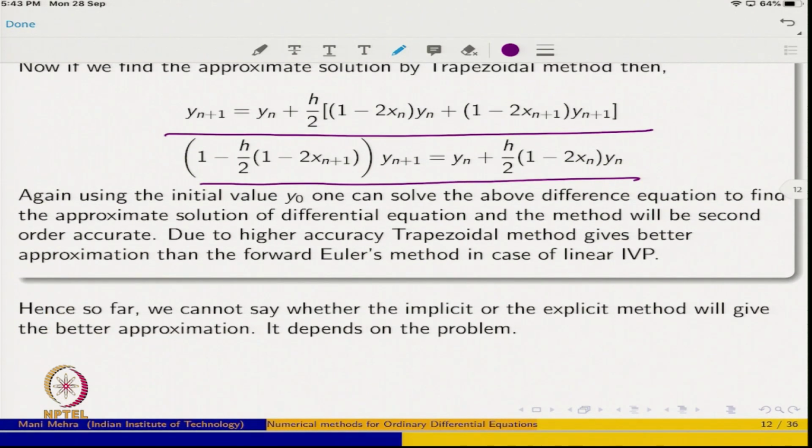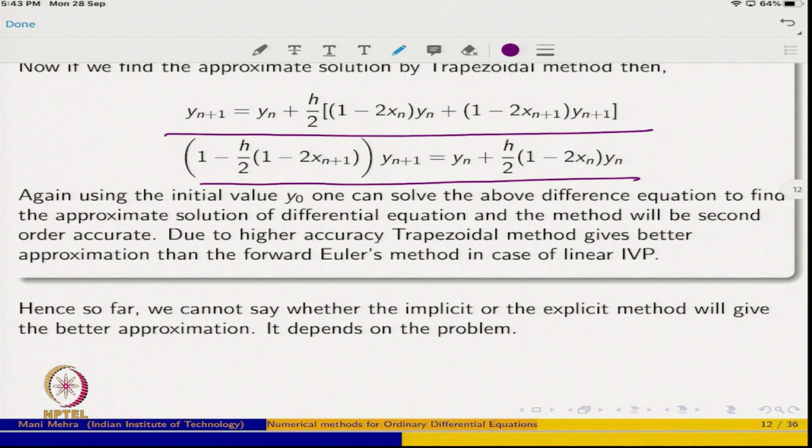Hence, so far we cannot say whether the implicit or explicit method will give the better approximations, because in one case of course I am saying the trapezoidal method will give the better approximation because it is a high order method. But if I compare implicit and explicit methods of the same order, then which one will give you a better approximation?